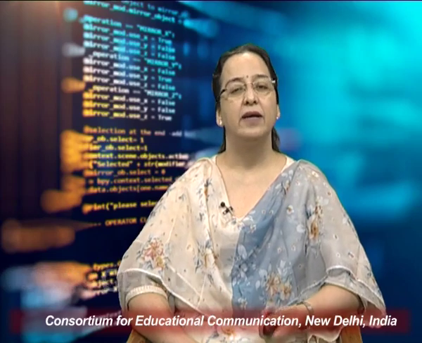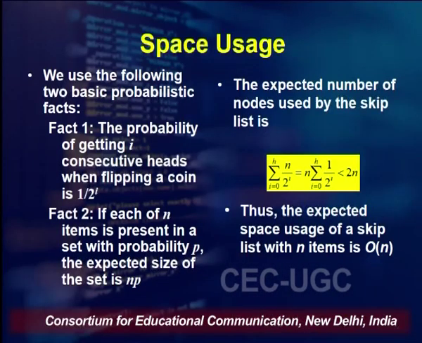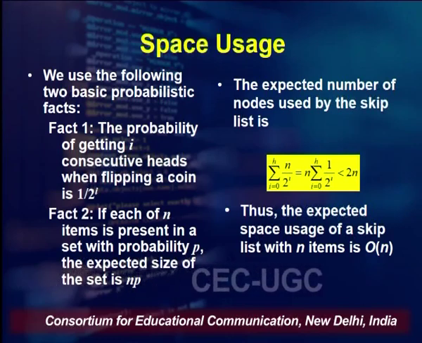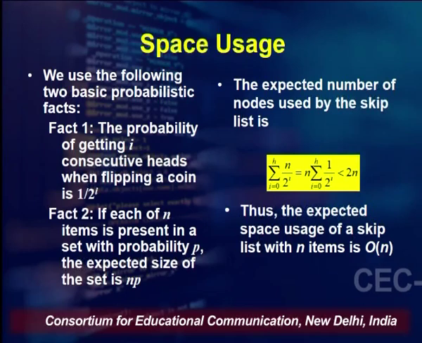The expected size of list Si is n by 2^i, and the expected number of nodes used by the skip list is also given in the form of an expression on the screen, because of two probabilistic facts.